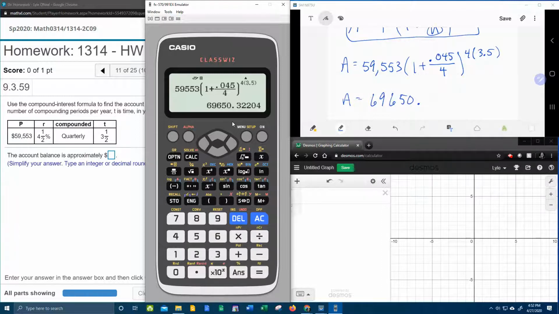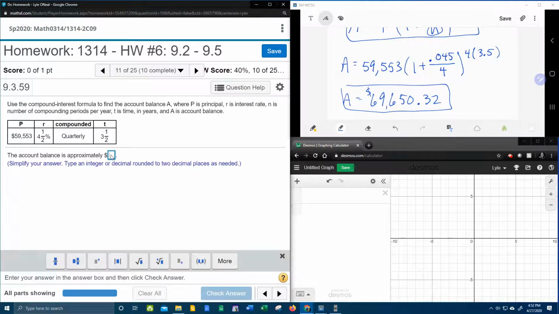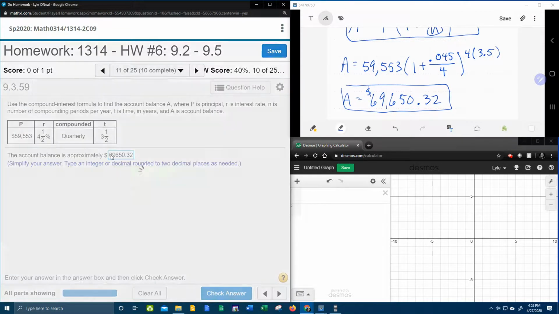So 0.32 cents. That is the amount in the account after 3.5 years, and let's verify that. 69,650 and 32 cents.